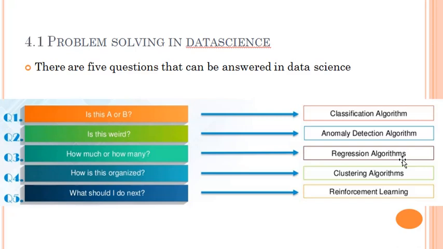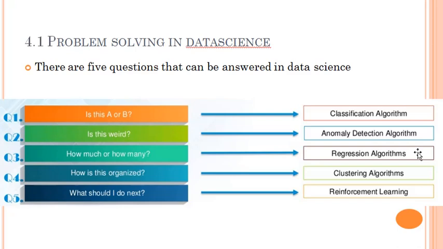For example, I want to predict the price of a car based on some characteristics. So here I am interested in how much and how many, and regression problems can be further divided into two different problems. We can talk about linear regression, and we can also talk about logistic regression.